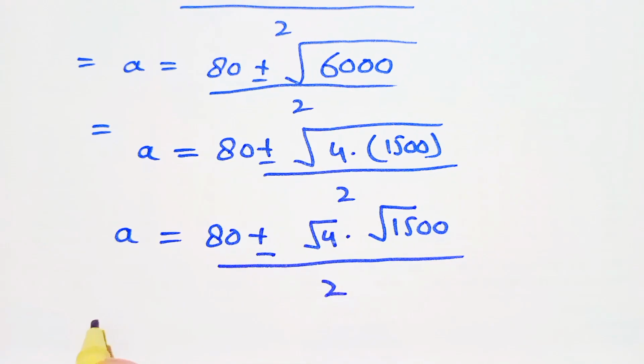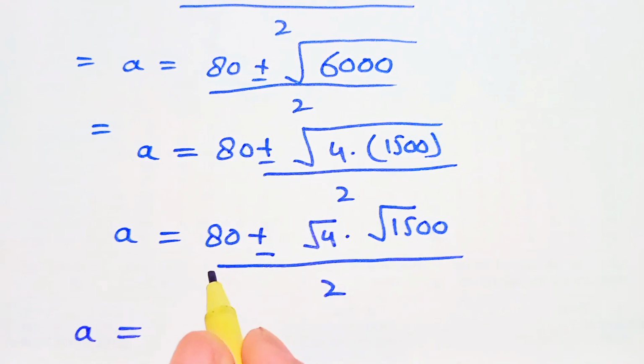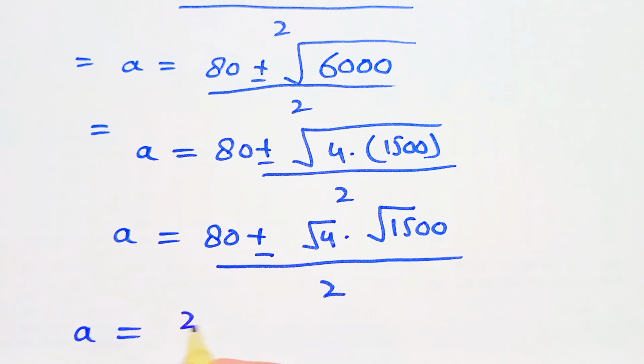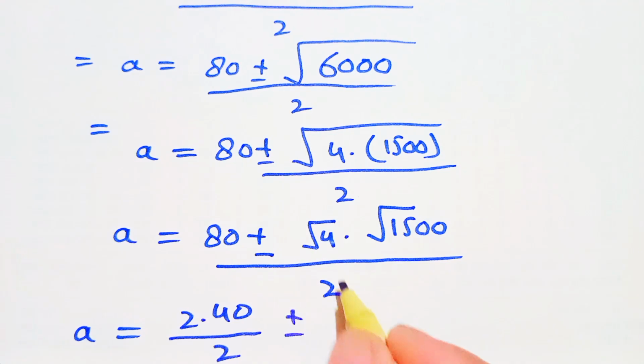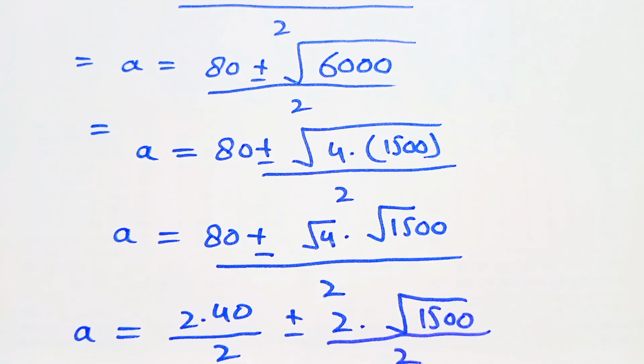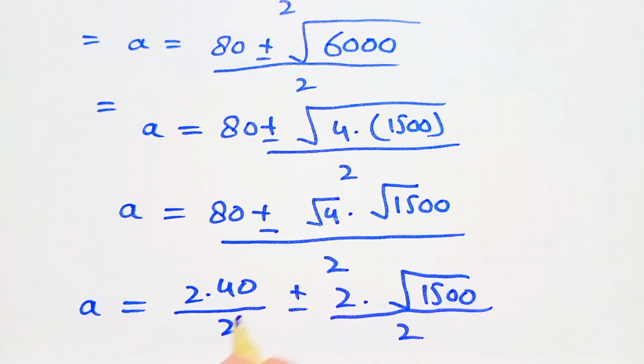Now 80 can be written as 2 times 40, then over 2, and the square root of 4 can be written as 2 times square root of 1500, then over 2. This 2 cancels out this 2 and this 2 cancels out this 2.